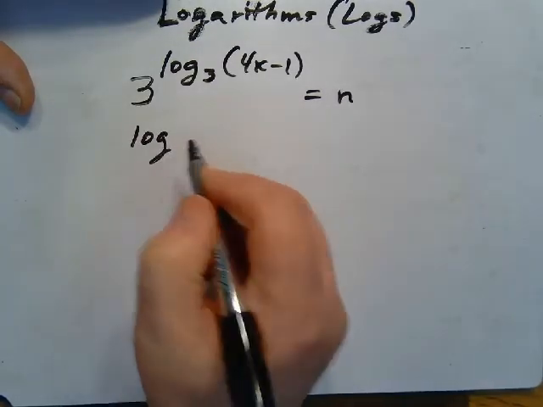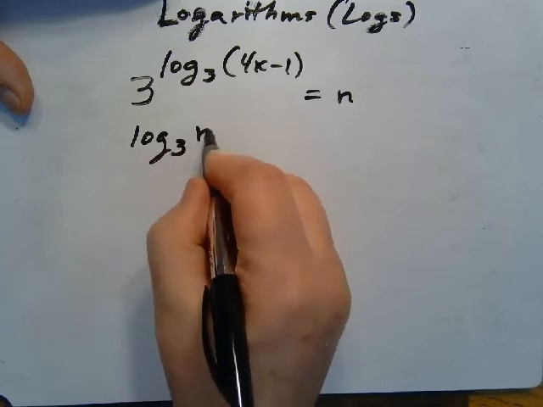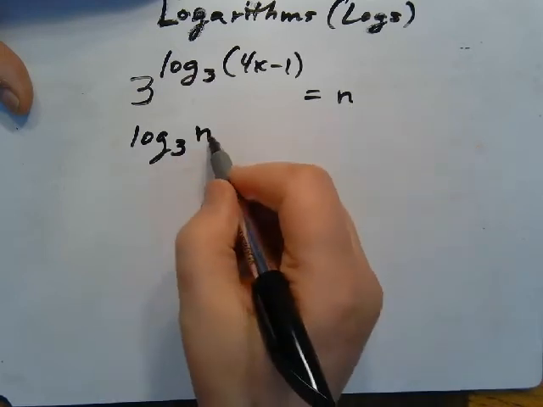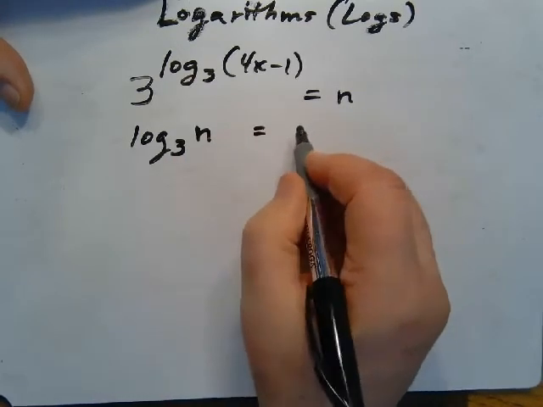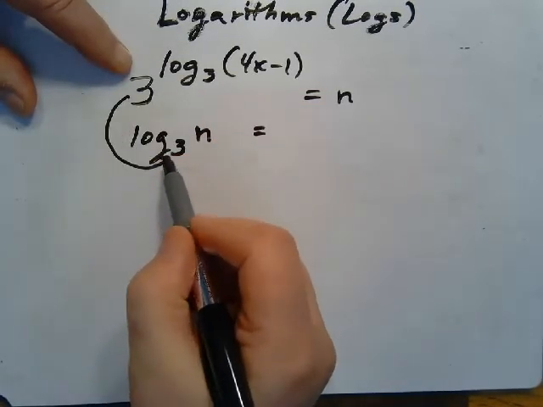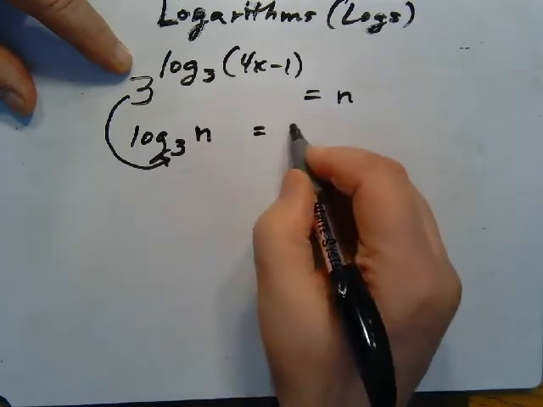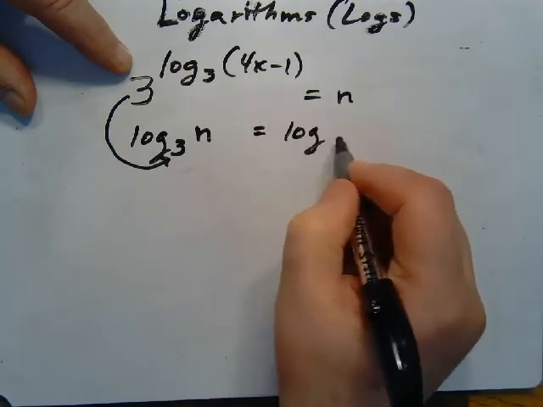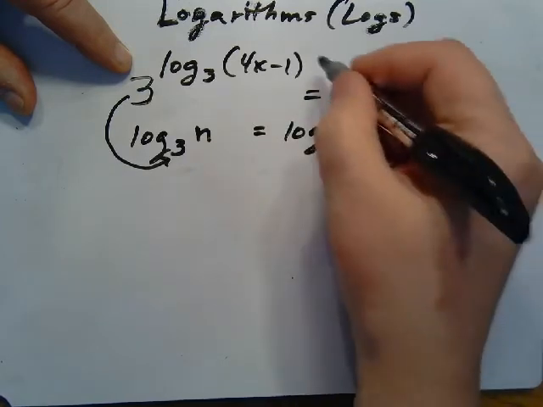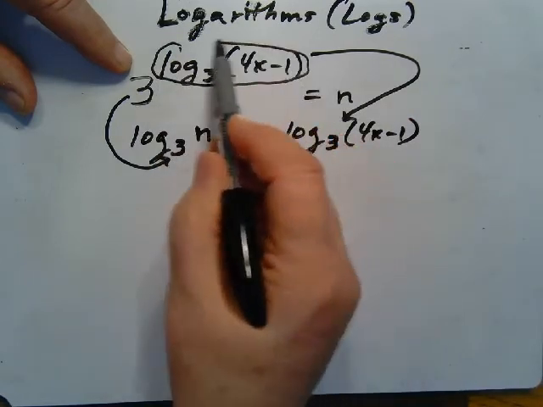So I want the log base 3 of the result. There's the result. Log base 3 of the result equals, this is my base right here, right? There's my base. Log base 3 of the result is the exponent. Well, in this case, the exponent is this whole thing right here.